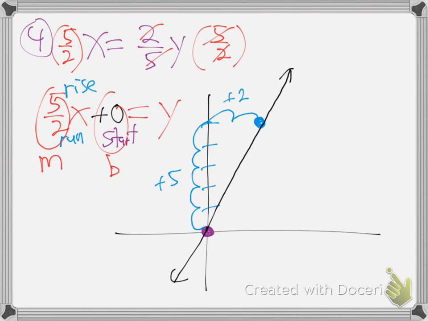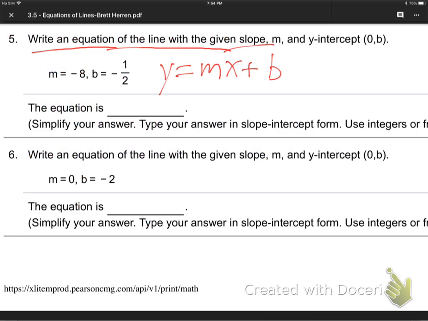So when we write y equals mx plus b, we mean what we've been doing. They're telling me the m is -8 there, so I just grab that -8 and pop it in for m. And the -1/2, I pop that in for the b.